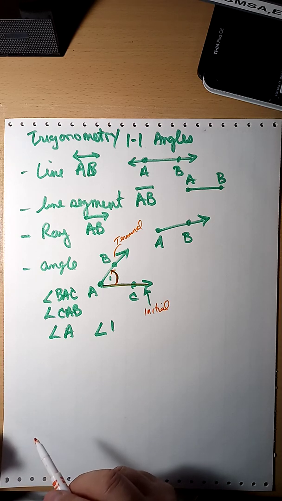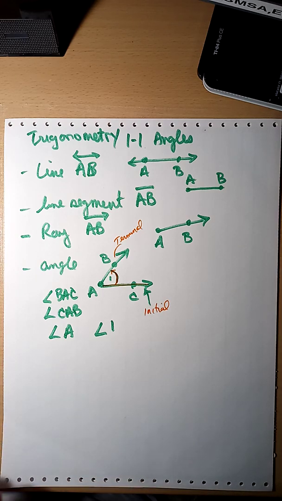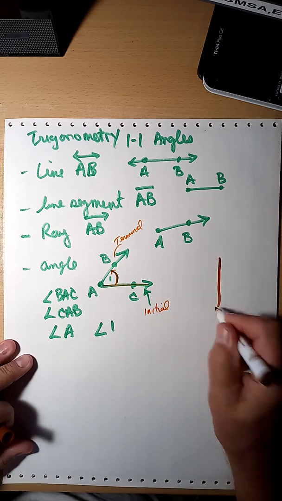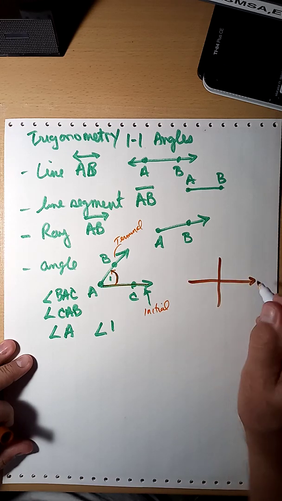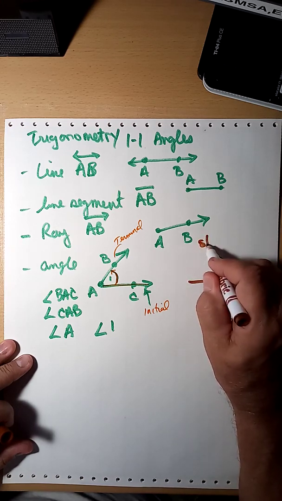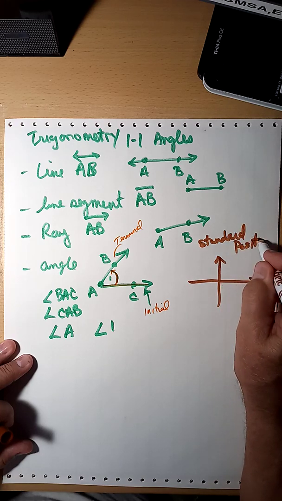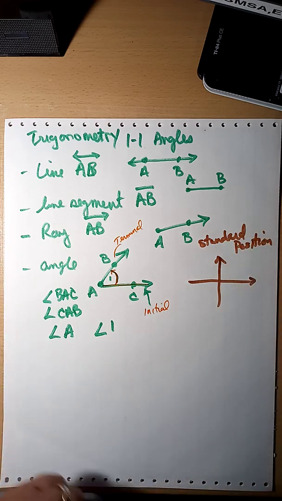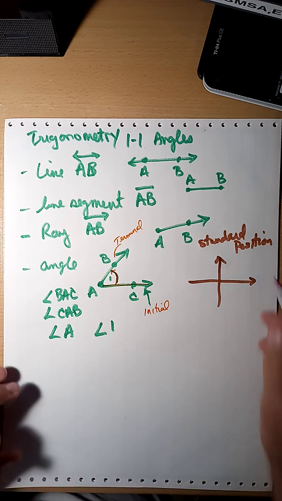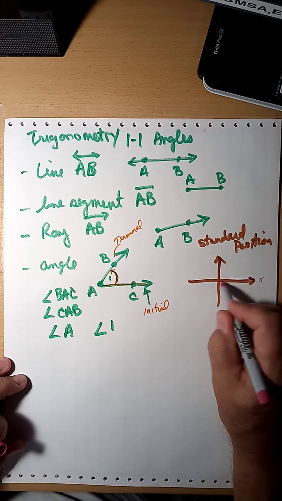Now, mathematicians have also found that in many calculations, it's good to have a positive and a negative angle, if that makes sense. So they put things in standard position. And that standard position always uses the positive x-axis as the initial side.